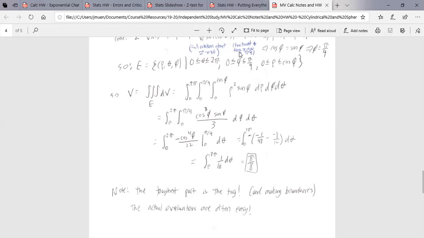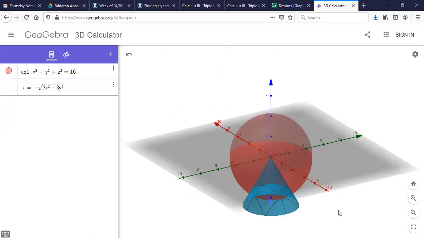Actually, we're going to shift to this. I'll show kind of the idea of what I'm looking at right away. What I want to look at is the region that is between the cone z equals negative square root of 3x squared plus 3y squared and the sphere x squared plus y squared plus z squared equals 16.